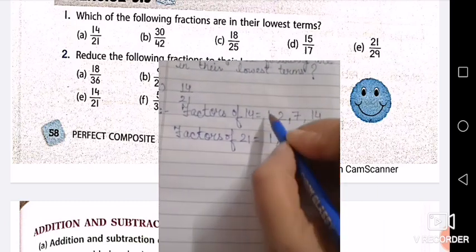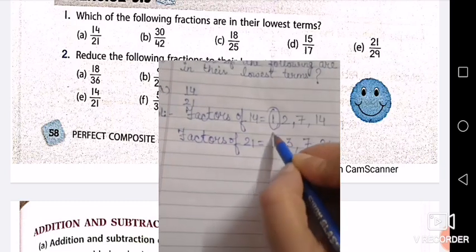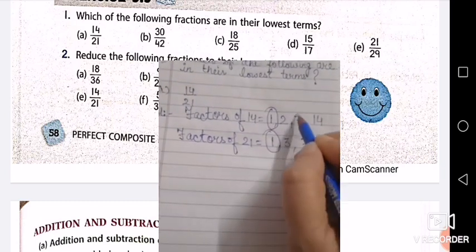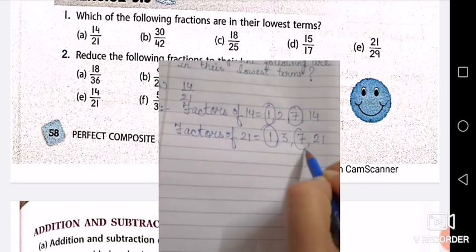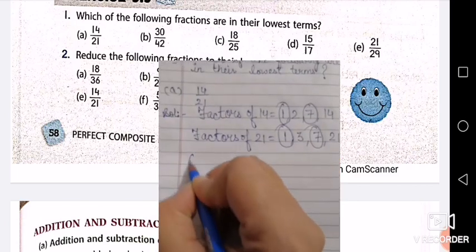So have you got any common factor? Yes, 1 is common, and after 1, 7 is also common. So we'll write here common factors.